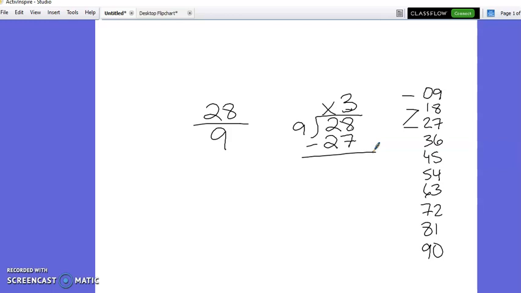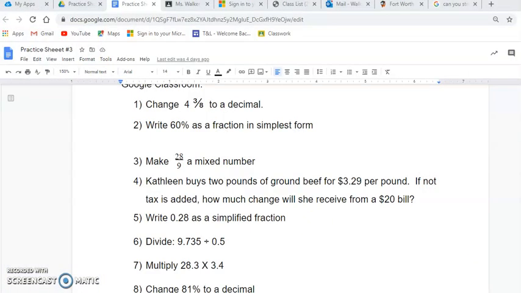So my remainder becomes the numerator. It goes on top. And my denominator does not change. The only way that denominator would change would be if the fraction would simplify, which it can't. 1 does not simplify. So 3 1/9.